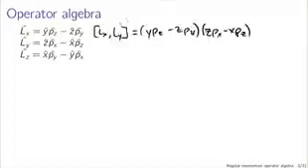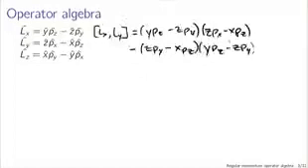That's what I get for Lx Ly. And from that, I'm going to subtract z px minus x pz and y pz minus z py. So this is Lx Ly minus Ly Lx, just by the definition of the commutator.